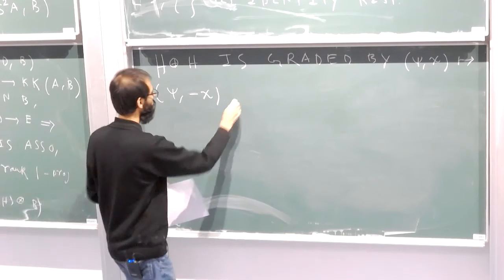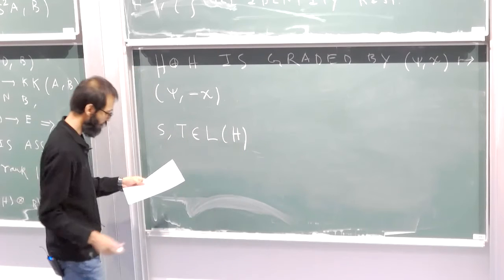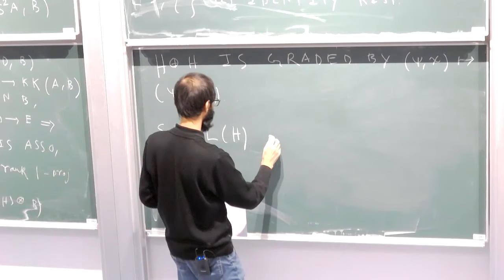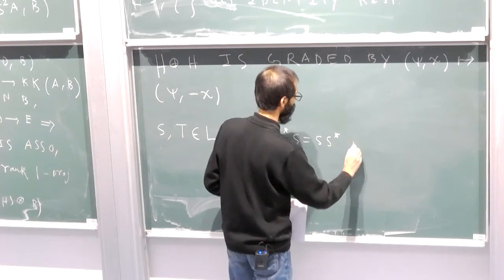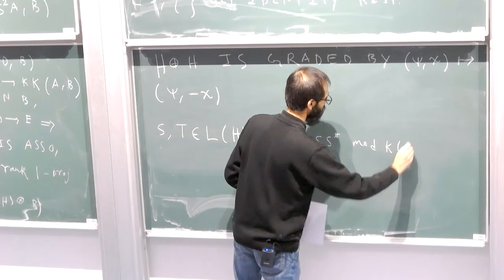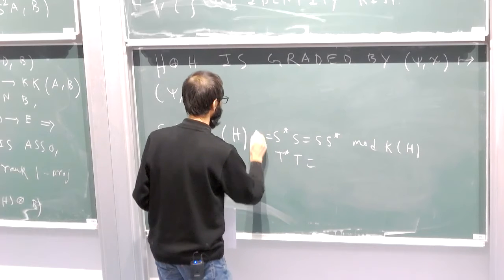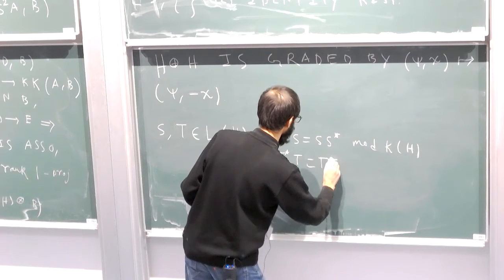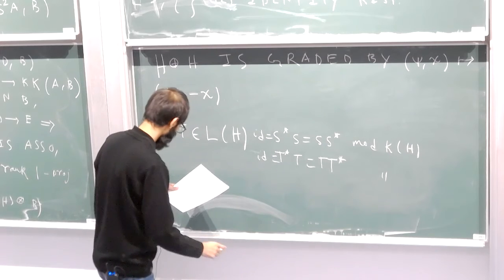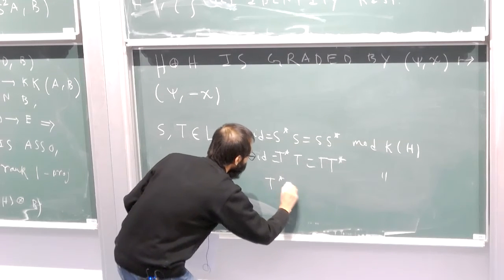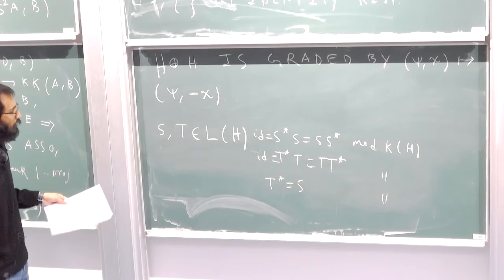And you can choose S and T in the bounded operators of H, which are unitary modulo compacts: T star T is identity mod compacts, again modulo KH, which means T is unitary, S is unitary.